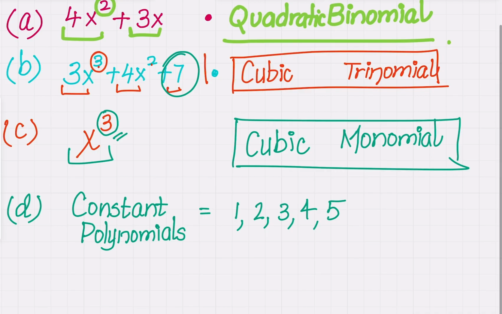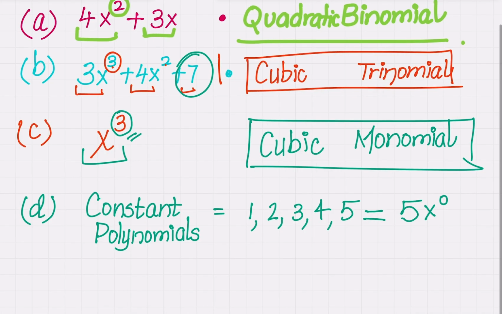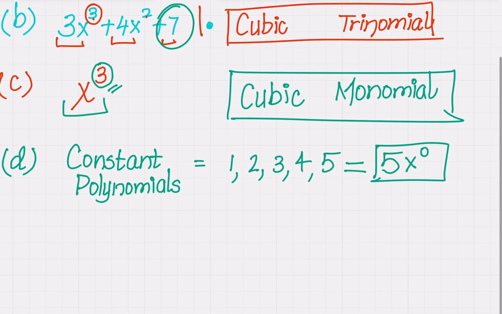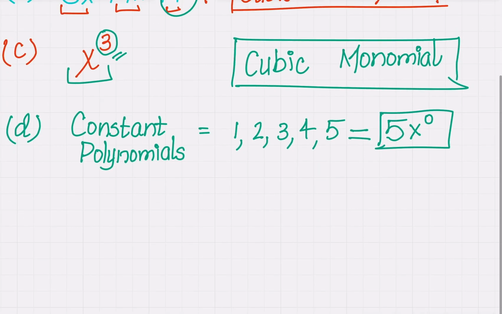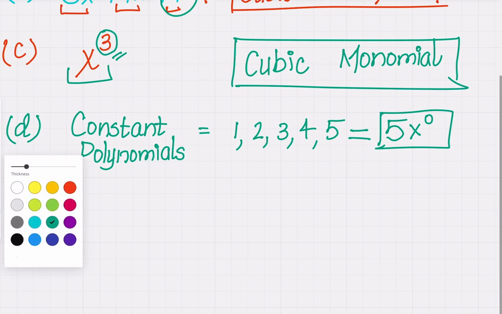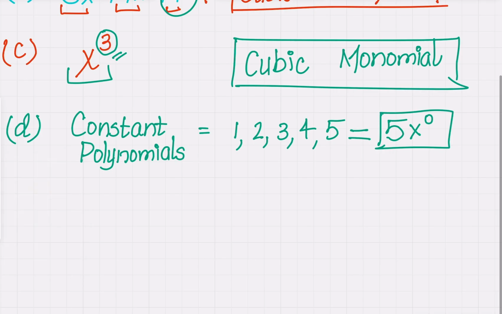Constant polynomials, you might say that they're just constants. Basically, we can also write them as a polynomial. For example, 5, I can write as 5x to the power of 0. So they can be written as a monomial, hence they are called constant polynomials because their value remains the same. It's a constant. All right, let's move on to the next one, which is going to be a zero polynomial.